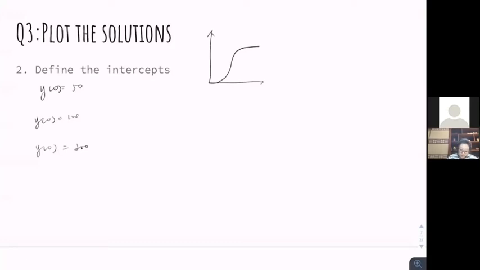When the intercept is 50, we will get something like this. This is 50. When the intercept is 100, we will get something like this. It looks terrible, but I hope it makes sense.